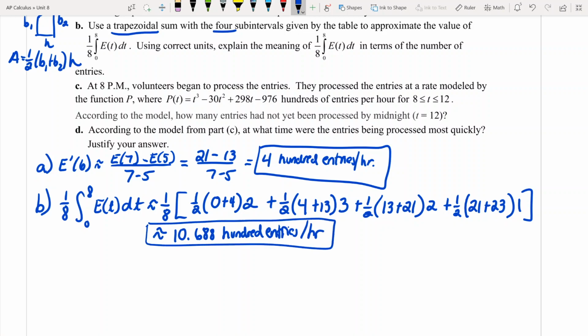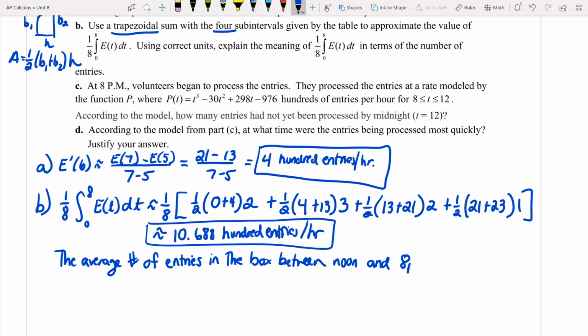So you get about that. Now, what is this in terms of the context of the problem? What we are saying is that the average number of entries in the box between noon and 8 p.m. was about 1,068.